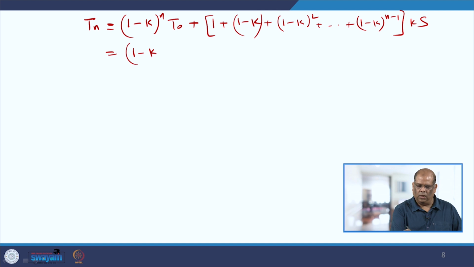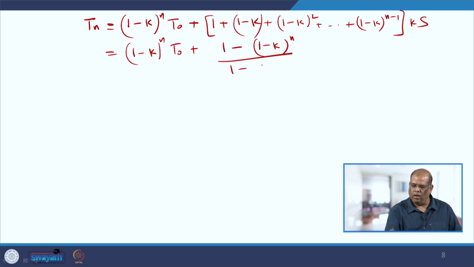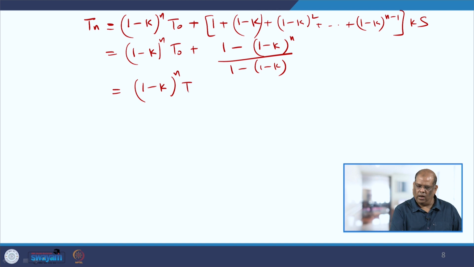So, a simple GP series, which is (1 minus (1 minus k) to the power n) divided by (1 minus (1 minus k)), and this is (1 minus k) whole to the power n T0.